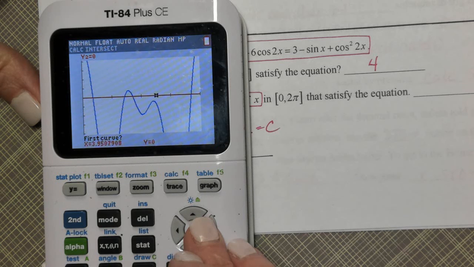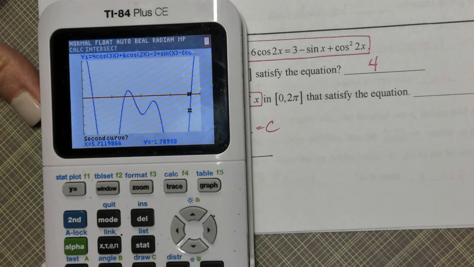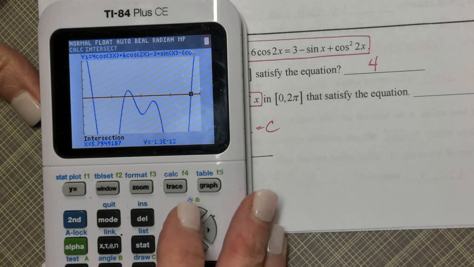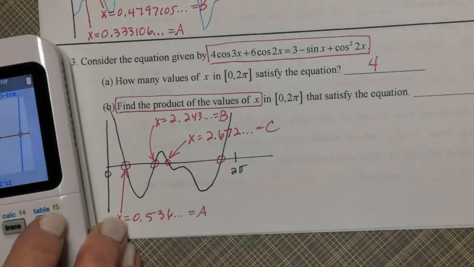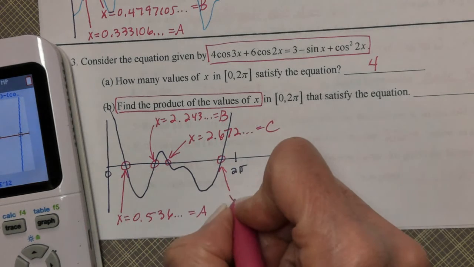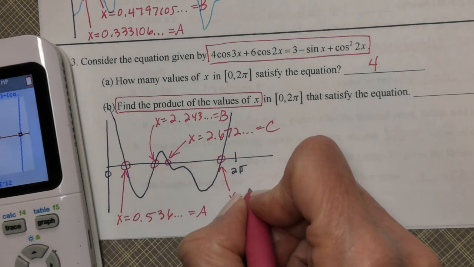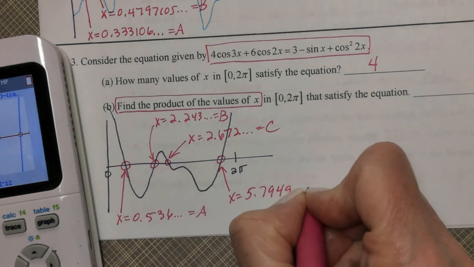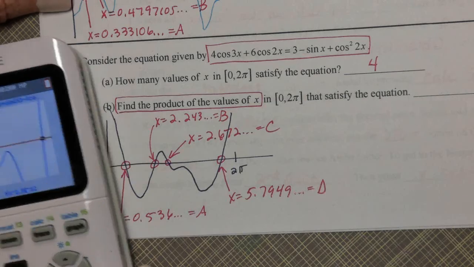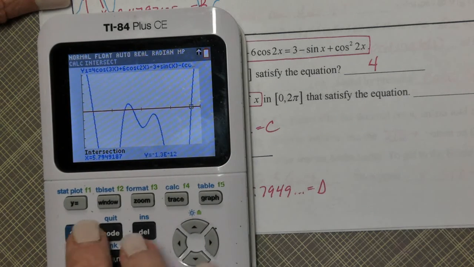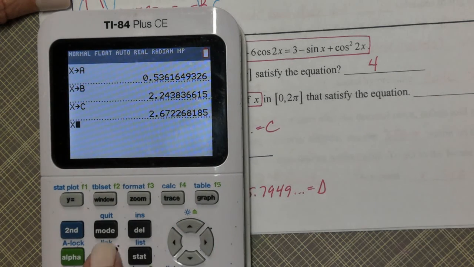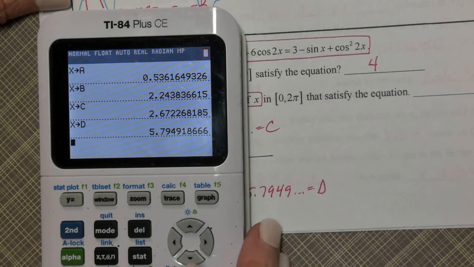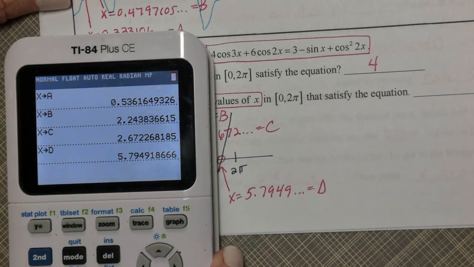Move up to the y equals 0 again. Enter, enter, enter. 5.794... I'm going to put that in for D. So quit, x stow alpha D. So now I have all of my values stored in for A, B, C, and D.